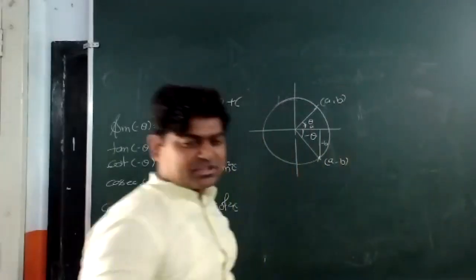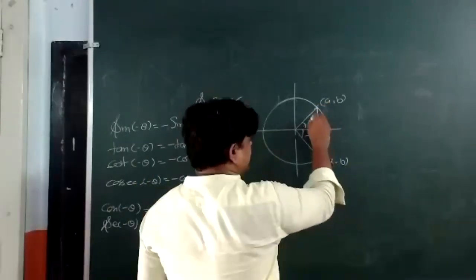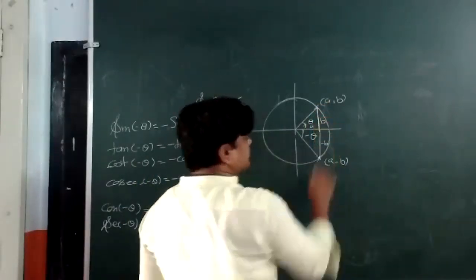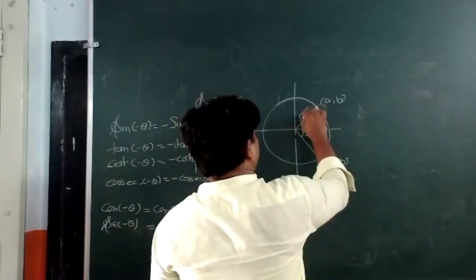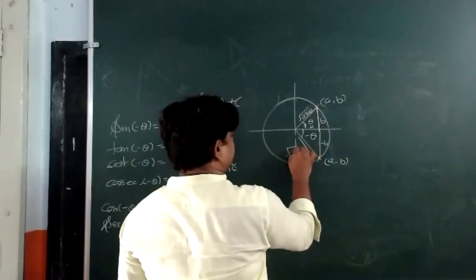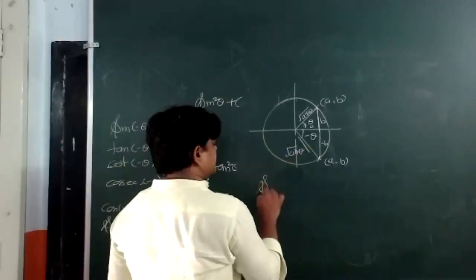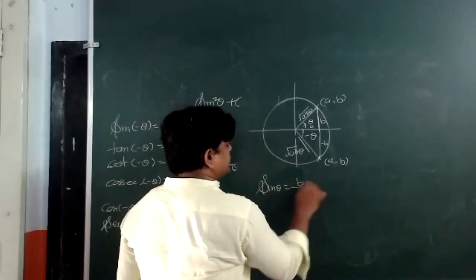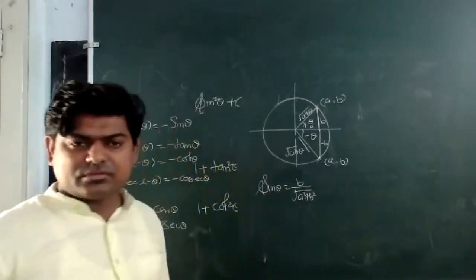When we are doing something in a hurry, then we always see this. This one can be A and this is B. By using Pythagoras, it will be under root A square plus B square, and this is also under root A square plus B square. If I write sin theta, it can be written as B upon under root A square plus B square, perpendicular upon hypotenuse.